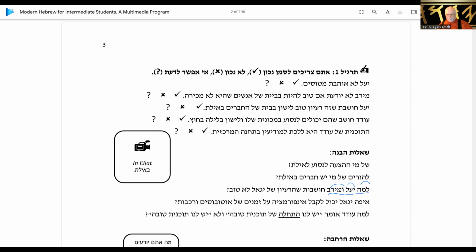Yael. But Merav, why are Yael and Merav thinking, Hoshibot, thinking, at this one here? Let's see what this is about. Lama Yael v'Merav Hoshibot Shahor Yom. Not sure what that is. Hoshibot. Lama Yael, why?